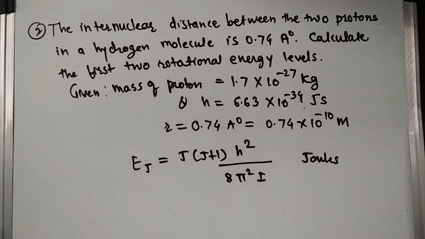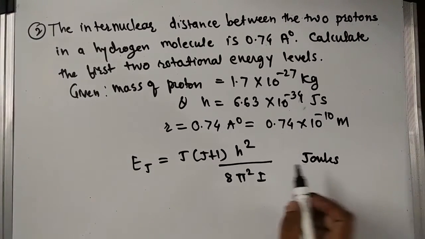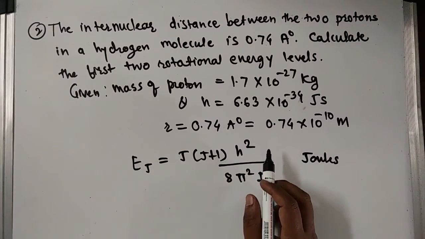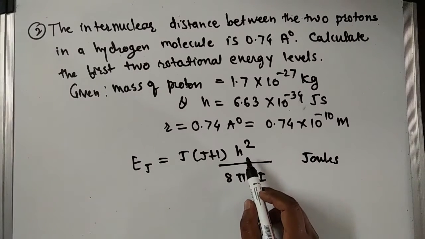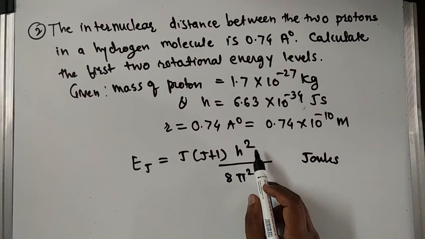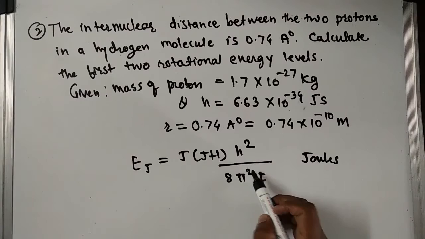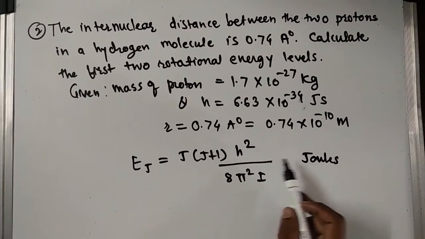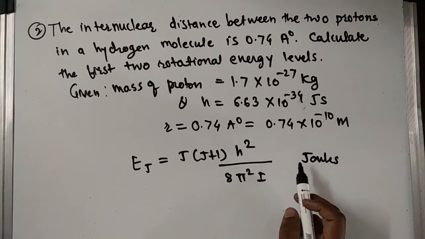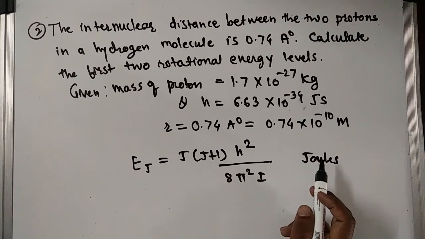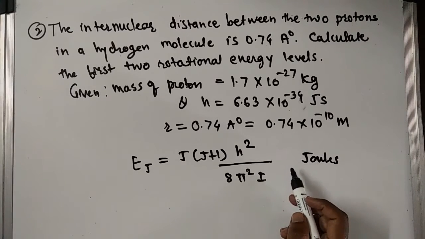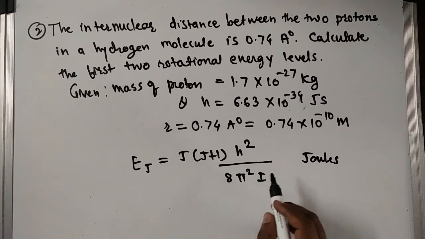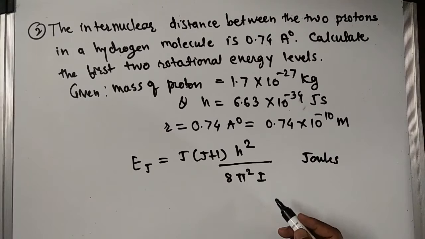When we have to calculate the energy in joule, we will write joule. When we want to convert into per centimeter unit, to calculate the wave numbers, we can divide this quantity by h into c. Now here we will calculate in joule, right?